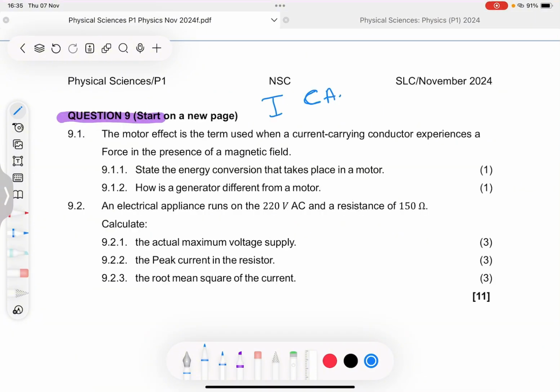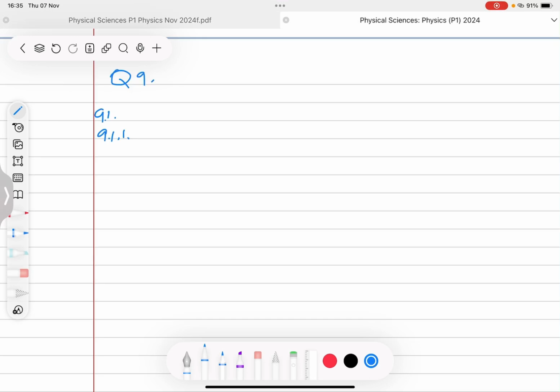Already when I was describing what is happening in a motor, you can see that we're taking electrical energy that comes from the power source and turning it into mechanical energy because there's movement of the coil when we put the conductor in the magnetic field. It will experience the magnetic force which will cause it to start moving, thereby giving us mechanical energy. So the energy conversion that happens is electrical energy to mechanical energy.